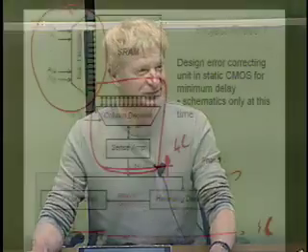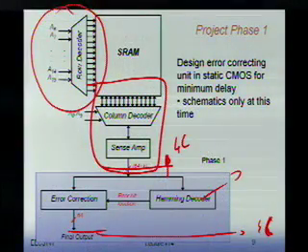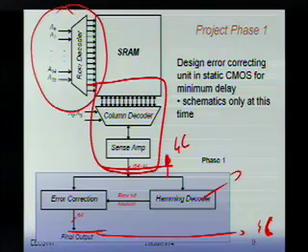Later on, when we do other blocks of this design, we're obviously going to do layout. Because I just can tell you in phase 2, we're going to design the decoder of this thing. And there I'm going to do layout, real layout. And area is going to be a factor. And later on, we're going to do this fraction here, column decoders and sense amplifiers. So we're going to go to all phases of this design.